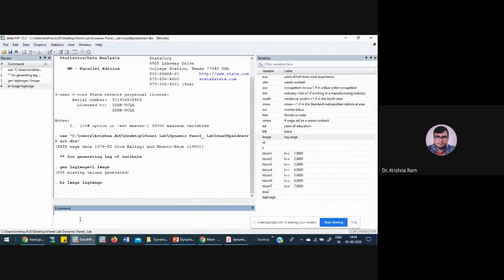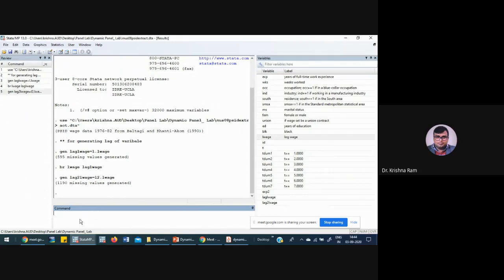Similarly, if you want to generate two lags of the log of wage variable, we type lag2 log of wage equal to L2 dot LWAGE. This gives us the two-period lagged value of the log of wage variable.